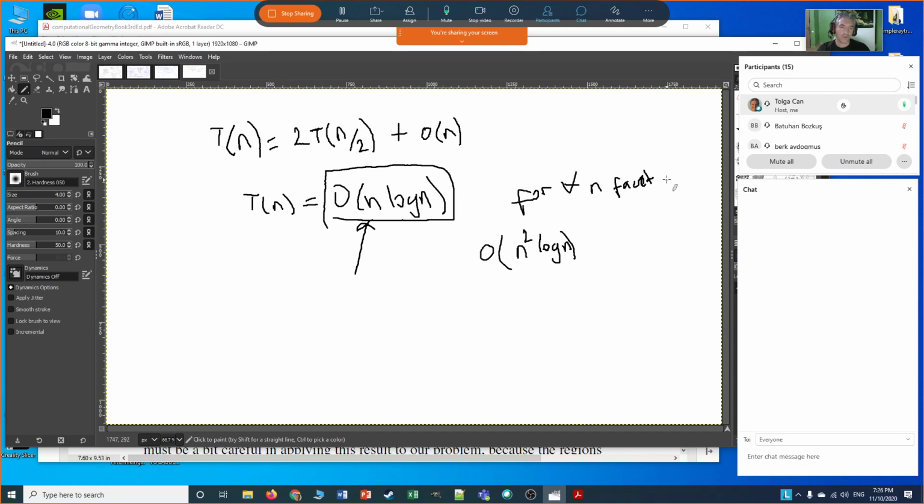For all n facets, if you run this O(n log n) algorithm, it will result in an O(n squared log n) worst case algorithm.